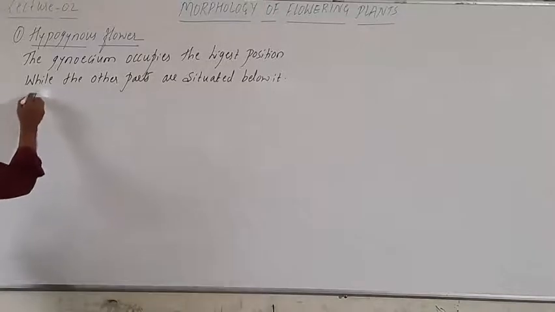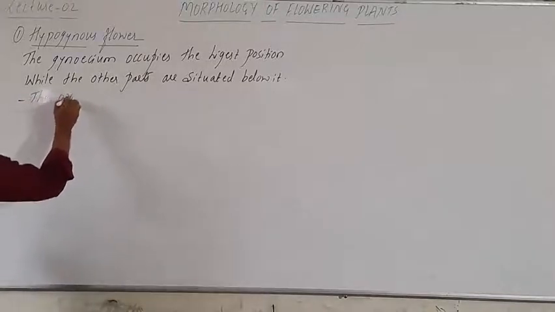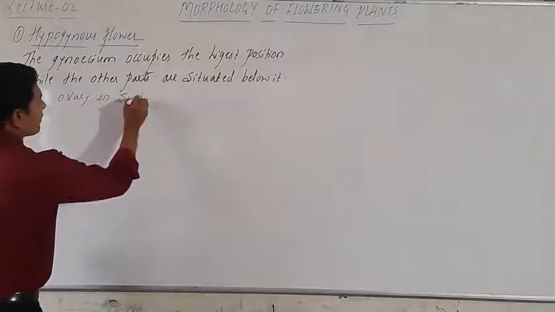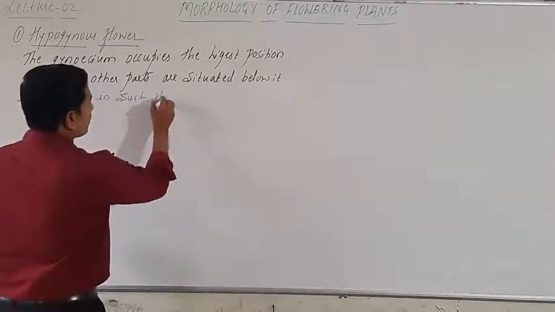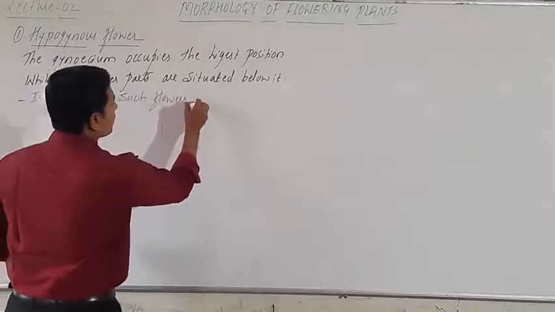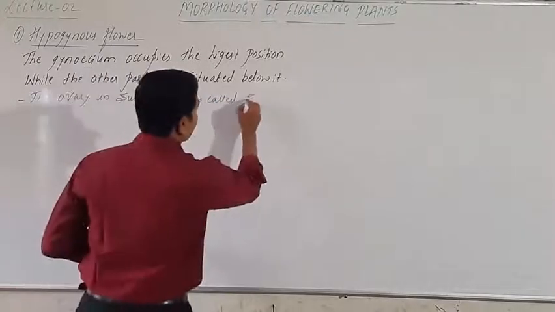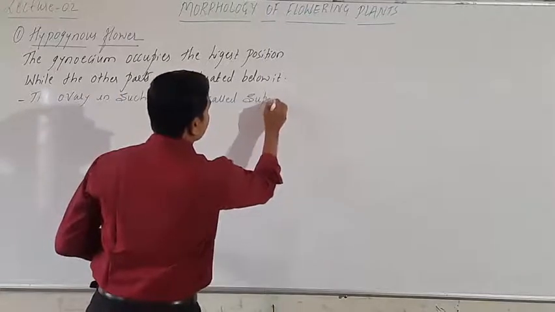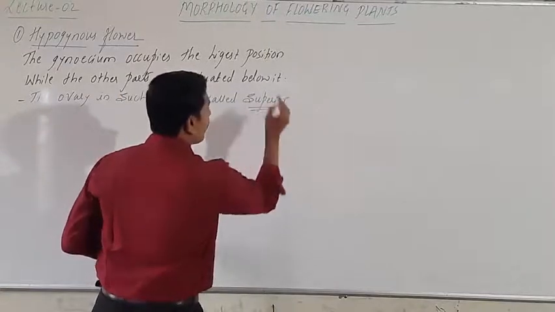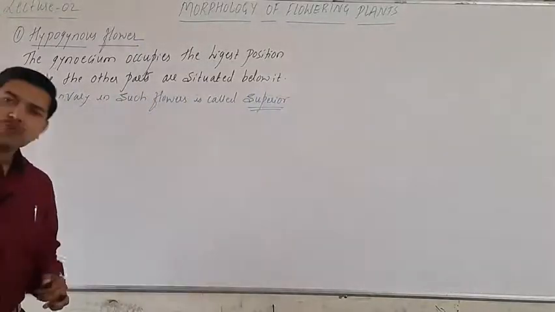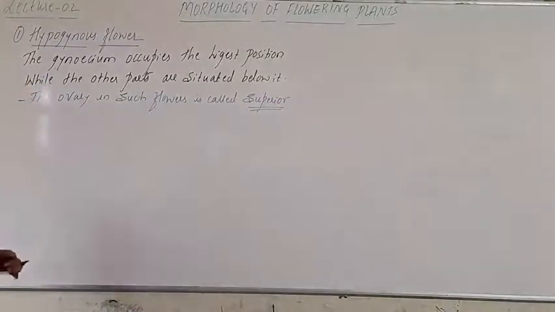Here, the ovary in such flowers is called superior. Superior ovary ಅಂತ ಕರಿತೀವಿ. The ovary in such flowers is called a superior ovary. Okay. So this is regarding the hypogynous.